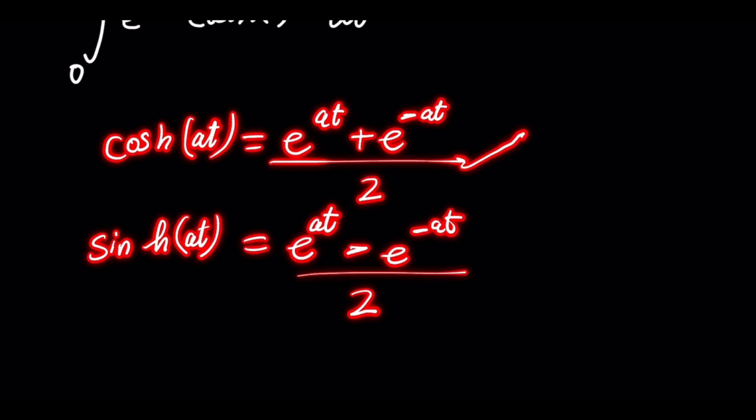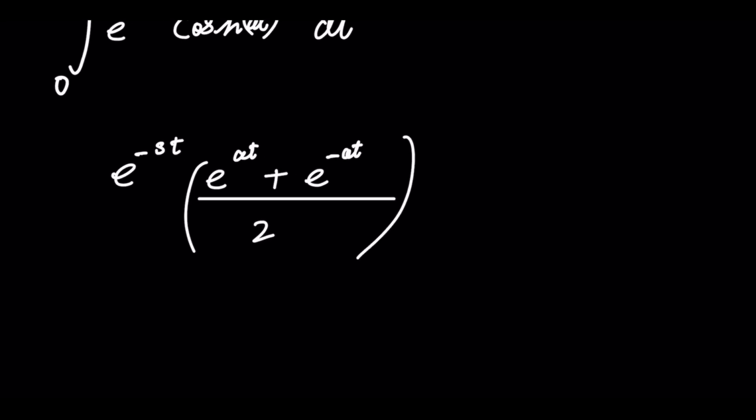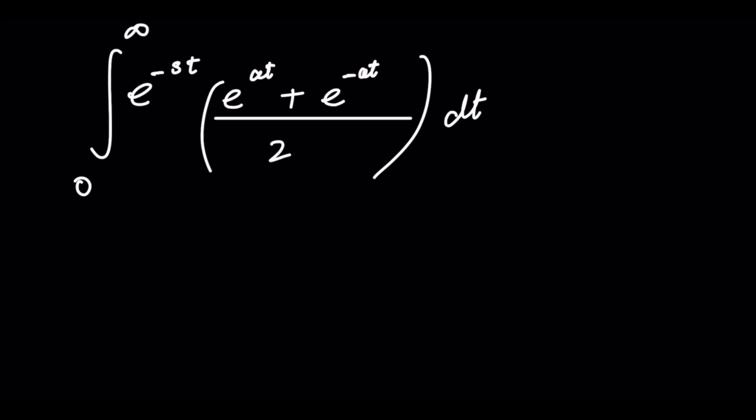So using the identity for the cos hyperbolic function, we substitute it into our original expression and rewrite the integral accordingly. Since the exponential terms have the same base, we can add all of these powers. So taking this outside the integral sign, we can rewrite this expression as this.